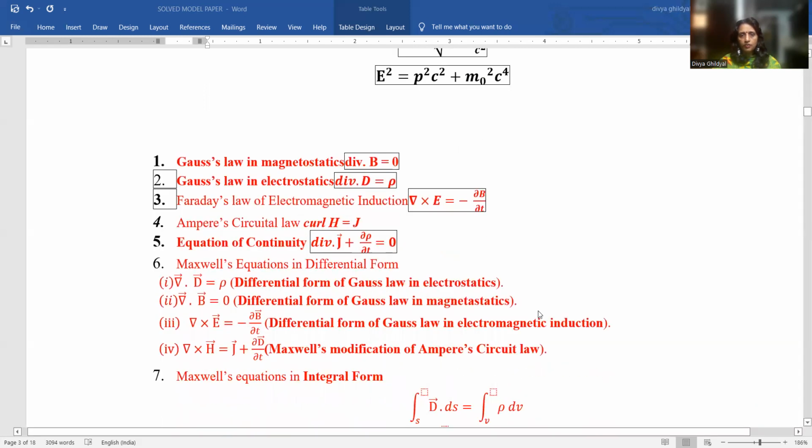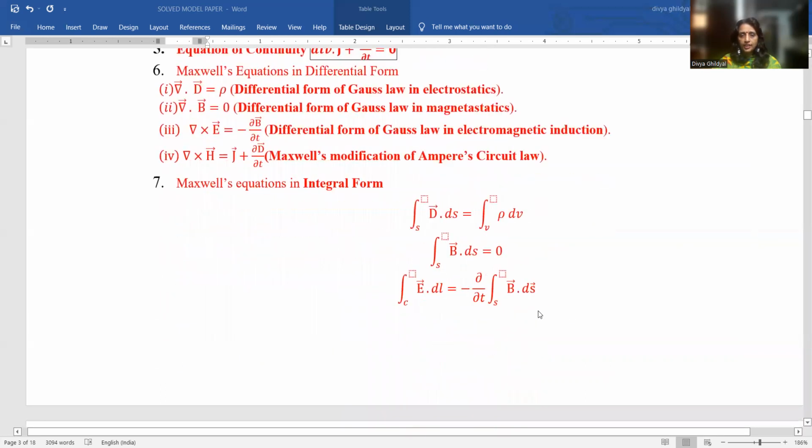Maxwell's equations in differential form: del dot D equal to rho, del dot B equal to 0, del cross E equal to minus del B by del t, del cross H equal to J plus del D by del t. Integral form: integral D dot ds is equal to integral over V of rho dV.